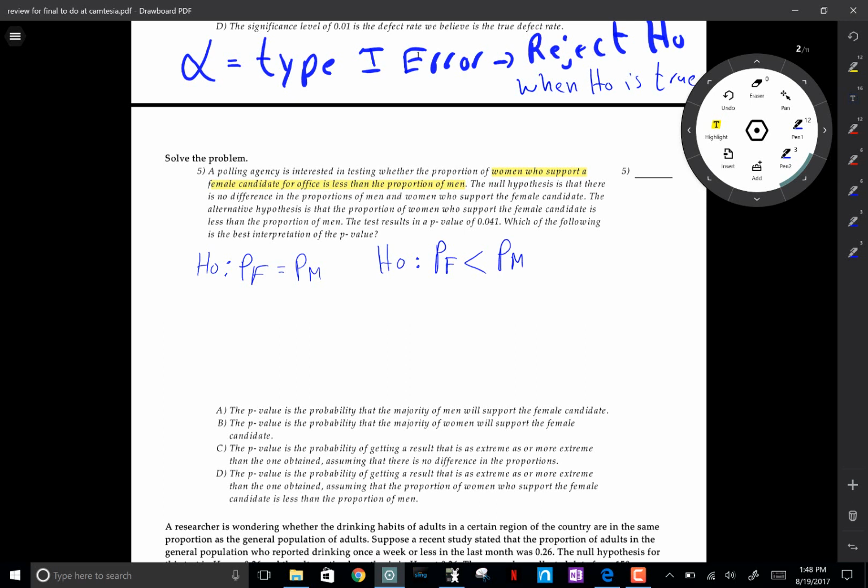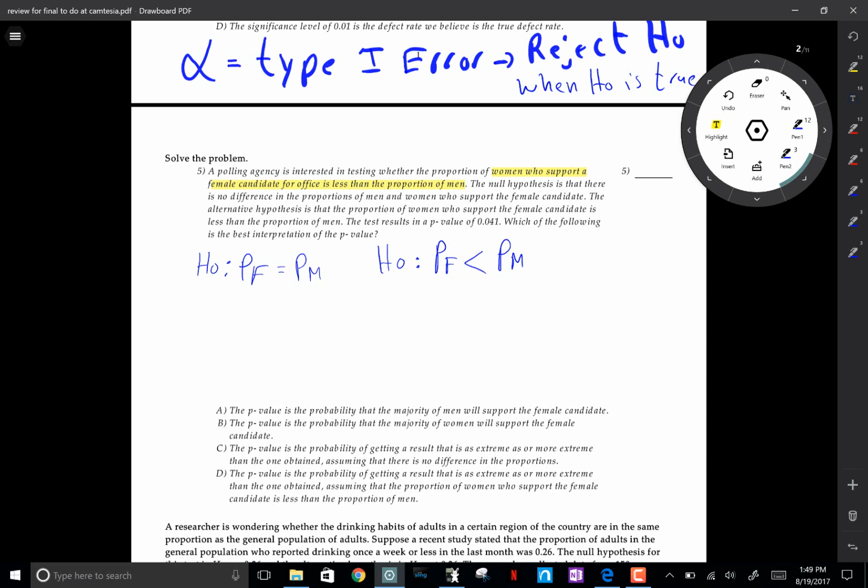So for this one, we just want to look for something that is in line with what the p-value is. So remember, the p-value is getting a value as extreme or more extreme than the value you're looking for when the null hypothesis is true. So if we look at A, it's saying the p-value is the probability that the majority of men would support the female candidate.